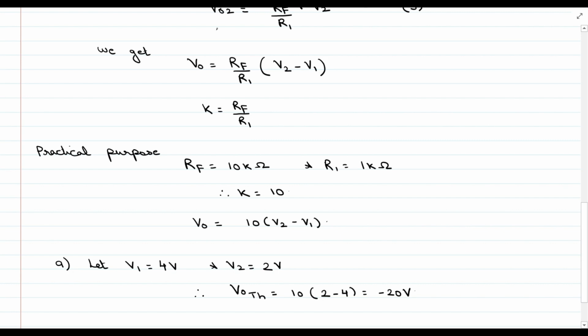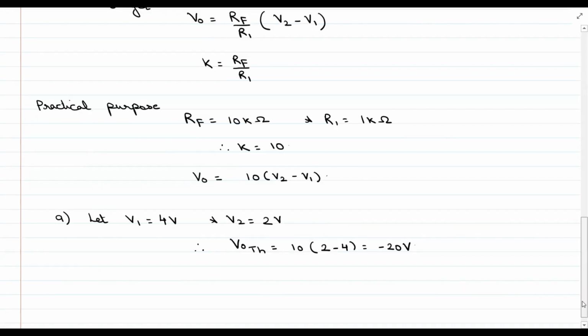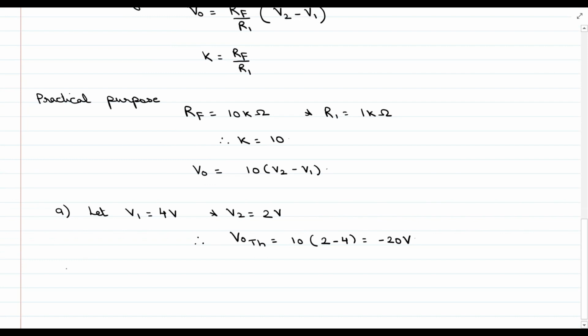The second set of reading, we will be taking it as V1 is equal to 2 volts and V2 is equal to 1 volt.